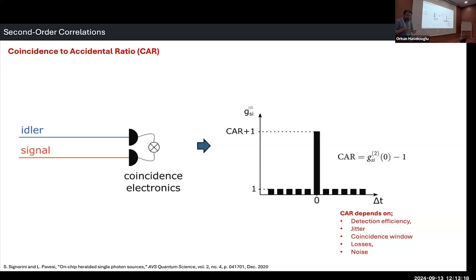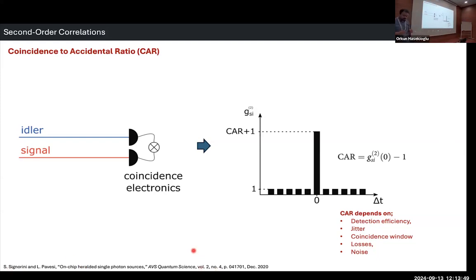Well, if you make a two photon detection event simultaneously in both channels, and you check the second order intensity correlation from this measurement, you measure this value, which is CAR. There is some mathematical algebra; I won't go into too much detail, but the slide has the correct information.